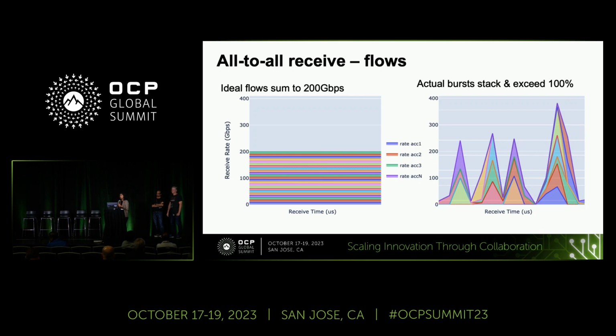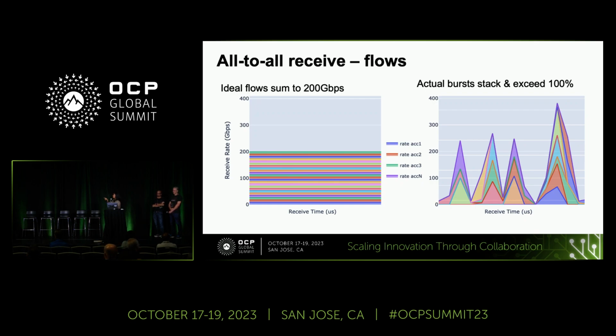Now, another interesting observation here is, if you recall the chart from our previous slide, the bursts were spaced apart, maybe within a few microseconds. Now, when all of these bursts arrive at the receiver side, they can stack up at different times. To give an example here, the burst on the right-hand side, the larger one, the different colors again indicate the flows from different senders.